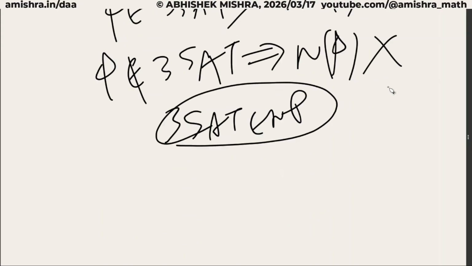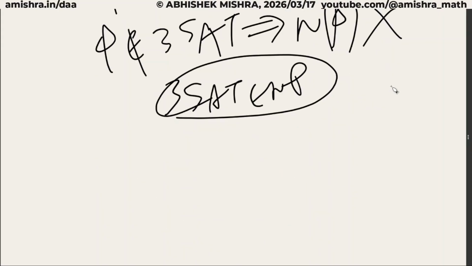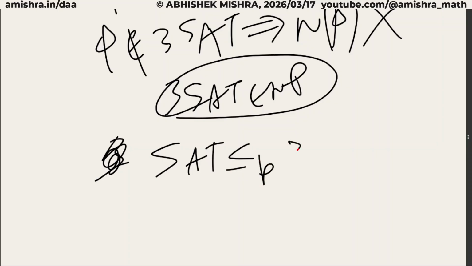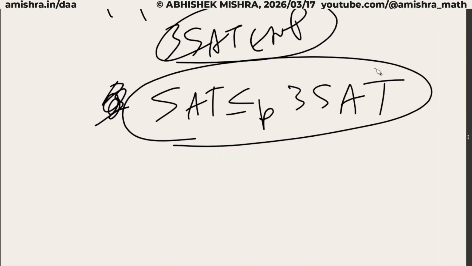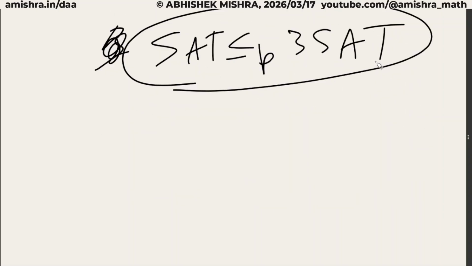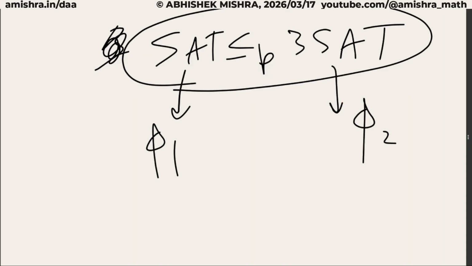Now the second step, we have to prove a reduction. SAT reduces in polynomial time to 3-SAT. So here our input is a formula in CNF form. Call this formula phi 1, and we have to convert this into phi 2.